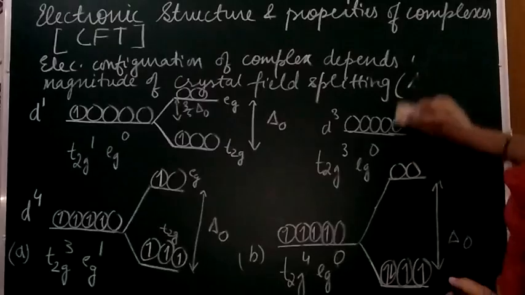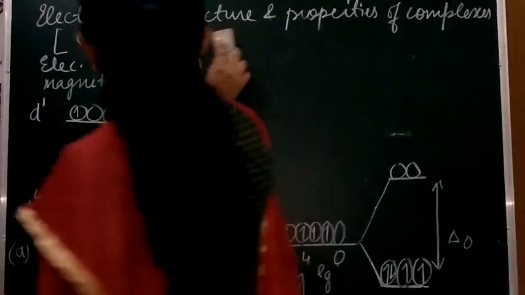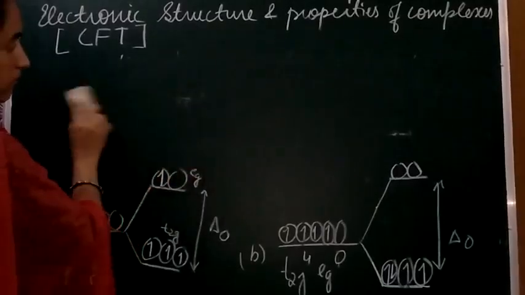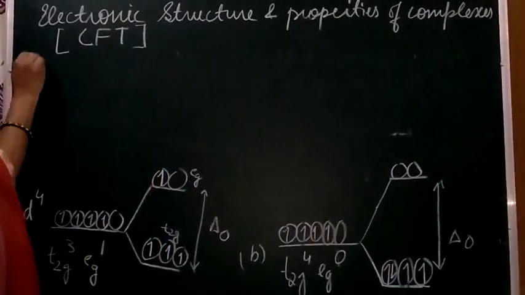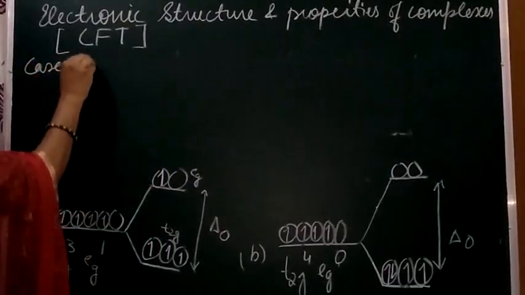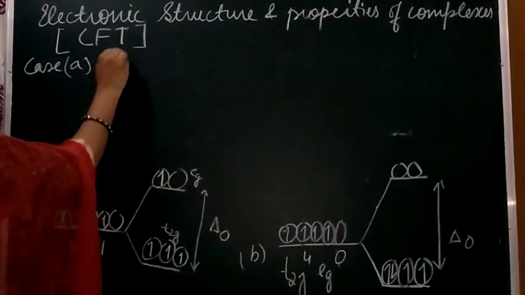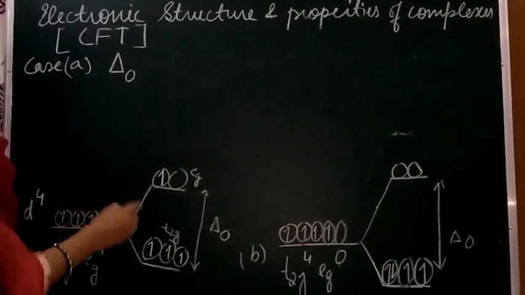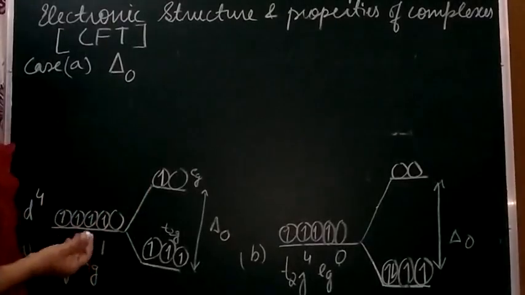So I'm just rubbing the board here. The diagrams are still on the board. So the case A. Now students, one thing is there: whenever electrons are paired up in an orbital, it is always at the cost of an energy.